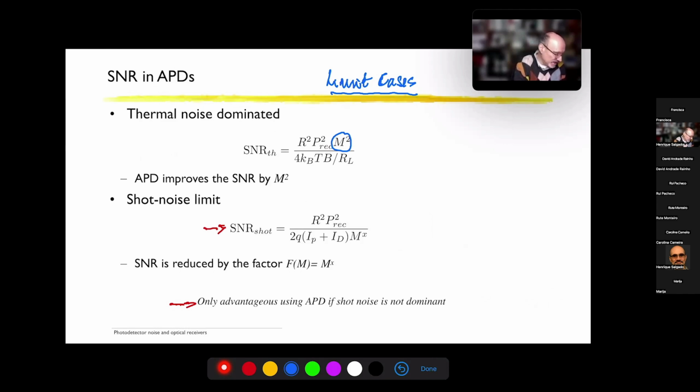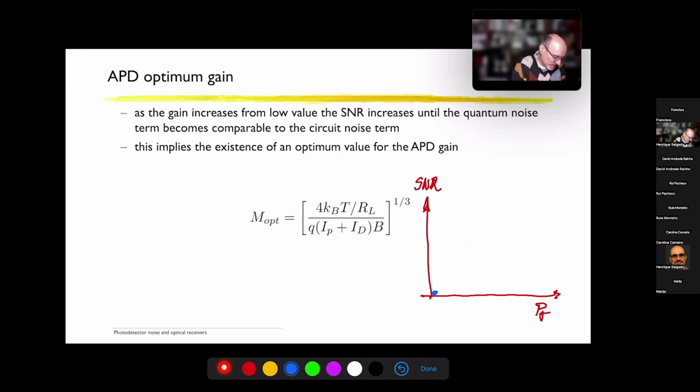and increases with received optical power. And so we see that the signal-to-noise ratio starts to increase. But as we increase the signal power, quantum noise starts to increase until it becomes comparable to thermal noise.